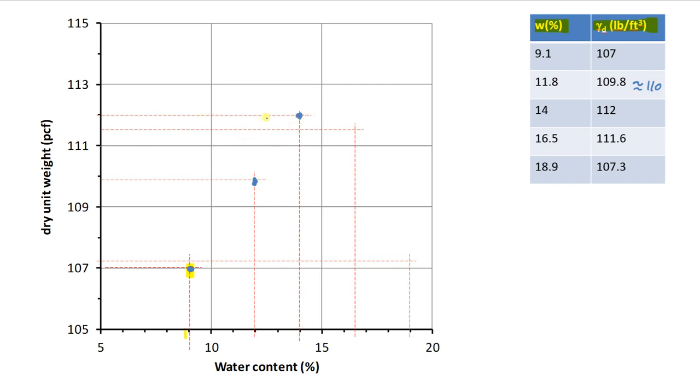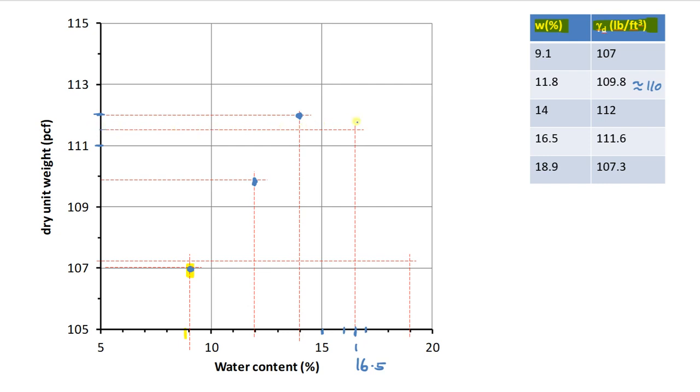The fourth point is 16.5 and 111.6. So this is 15, 16, 17, so this should be 16.5. We draw a vertical line from 16.5 and then 111.6. This is 111, 112, so 111.6 is going to be somewhere in the middle.